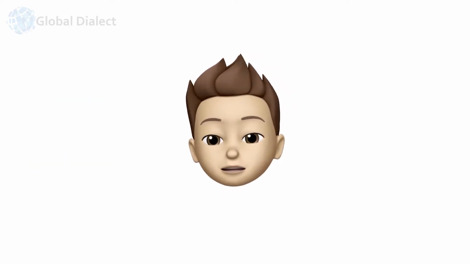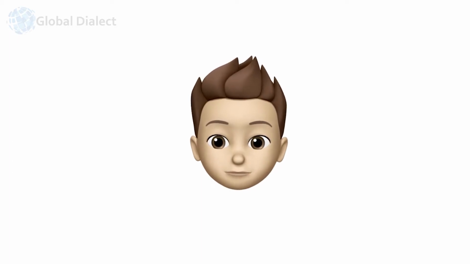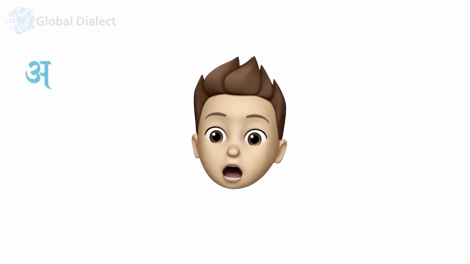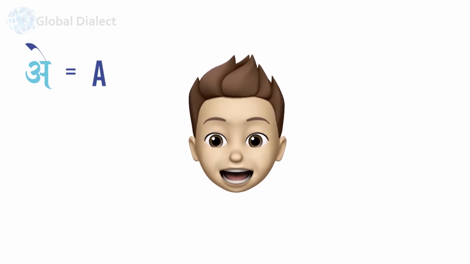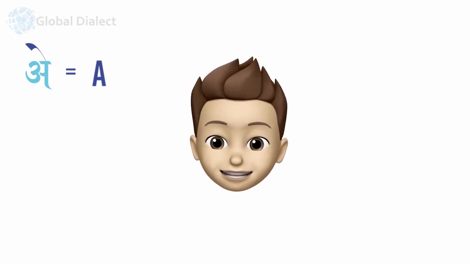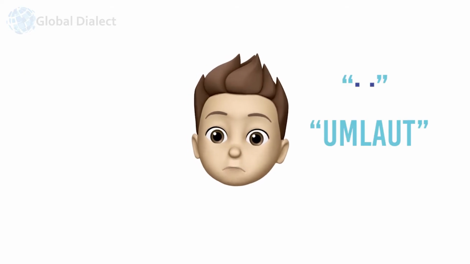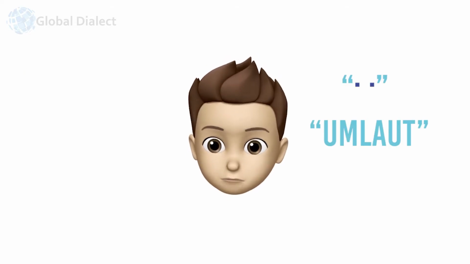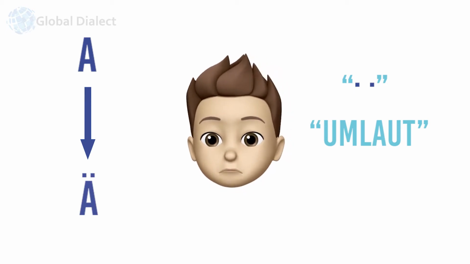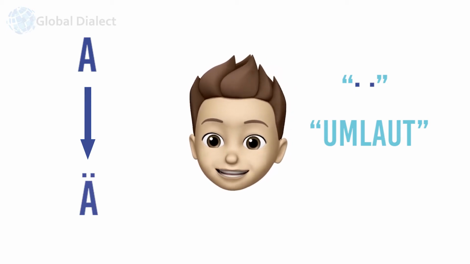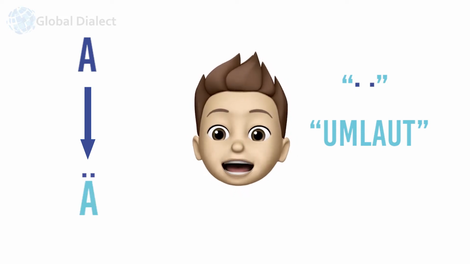Getting it? Similarly, we have this in Sanskrit languages as well. For example, this is a, and if you place a dash, it becomes ā. Now, these dashes are very, very similar to the umlaut that we are seeing in the German language. So basically, a is pronounced as ä with the umlaut on top of it. It will change the pronunciation to ay. That's right.